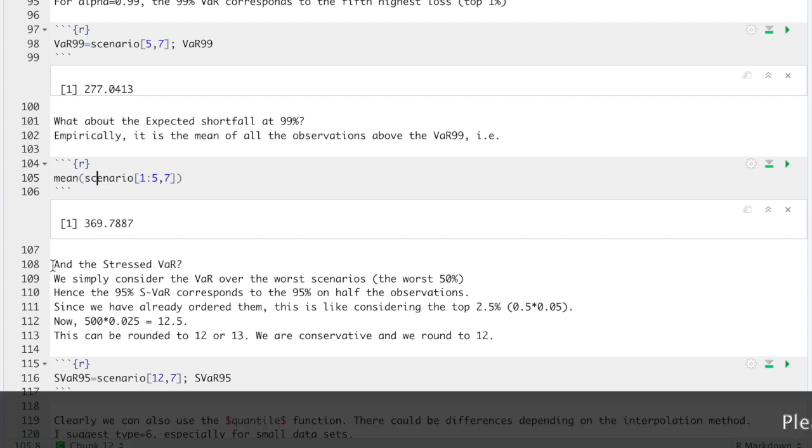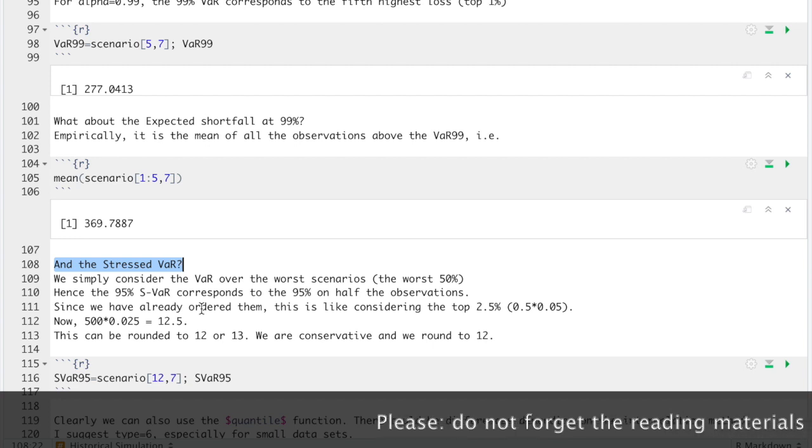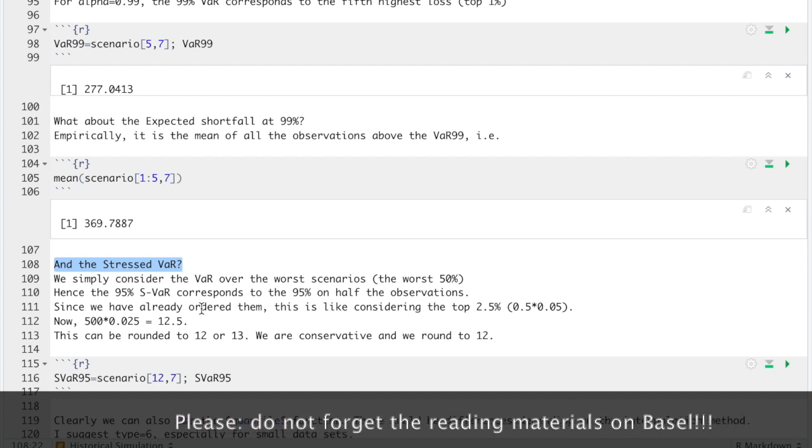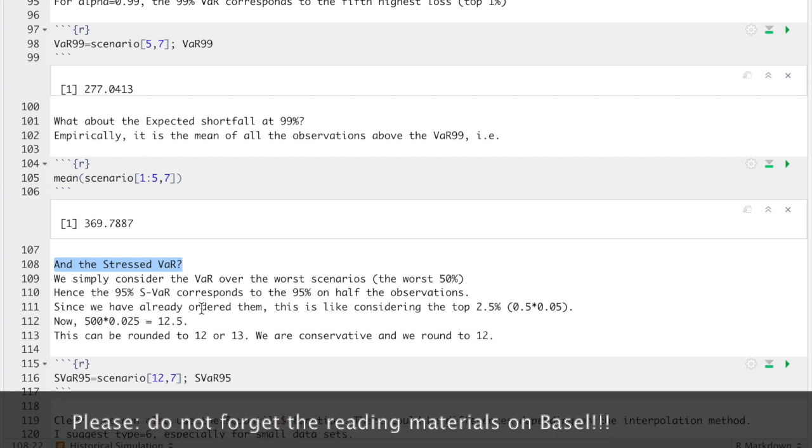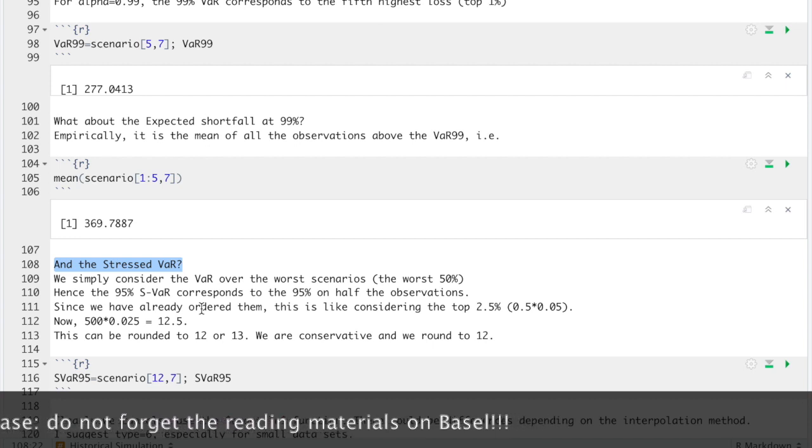Now, as you remember probably from our previous class, we have introduced the stressed VaR. What is the stressed VaR? The stressed VaR in the Basel 2.5 and then 3 framework is the value at risk computed on the worst scenarios. Typically, the worst scenarios are the worst 50% of the scenarios.